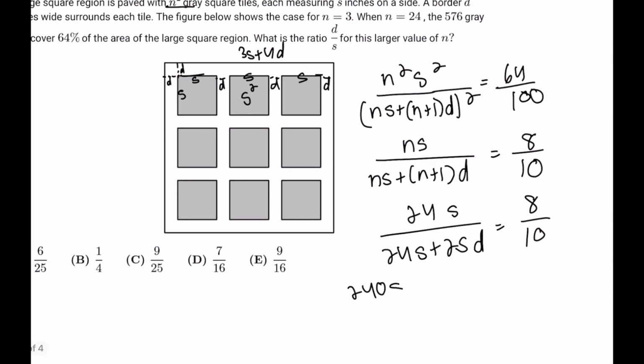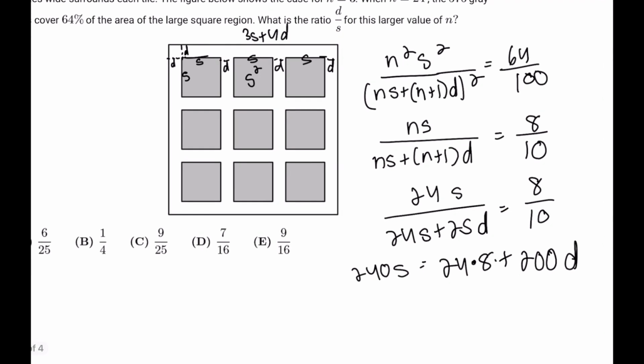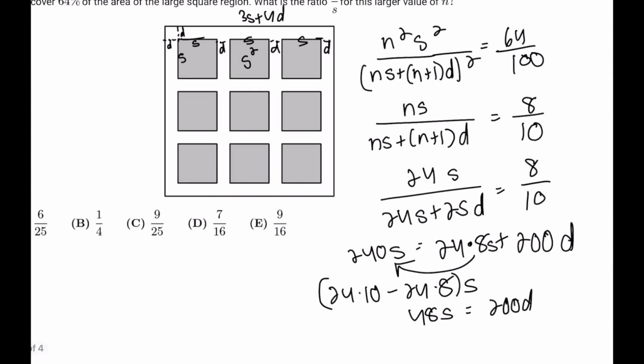240s equals 24 into 8 plus 200d. And then, that should be an s. So if we subtract this s over here, that's 24 into 10 minus 24 into 8s, which is 24 into 2, so 48s equals 200d.